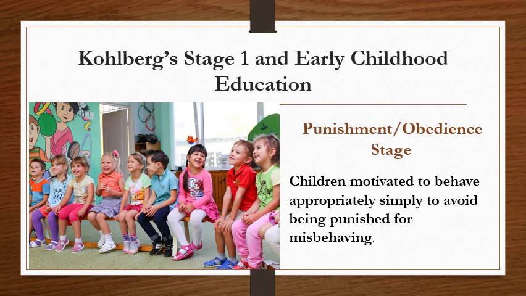In stage 1, young children are primarily motivated to behave appropriately simply to avoid being punished for misbehaving. By understanding this stage, teachers can help to guide their students' moral development by setting a code of conduct for the classroom to encourage good behavior. So basically, this is the punishment and obedience stage. Children are motivated to behave appropriately simply to avoid being punished for misbehaving.